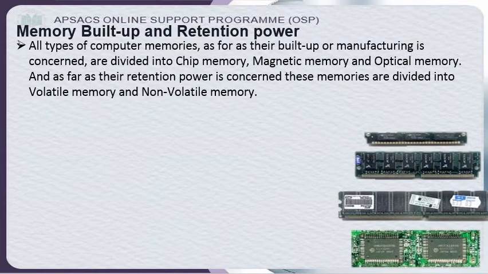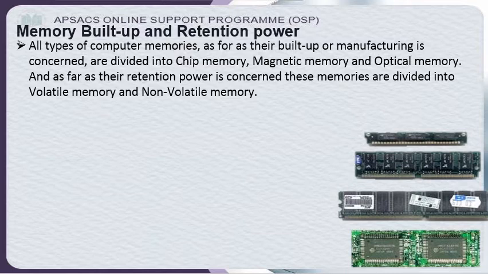All memories which you see inside a computer, if we classify them by manufacturing or buildup, are categorized into chip memory, magnetic memory and optical memory.